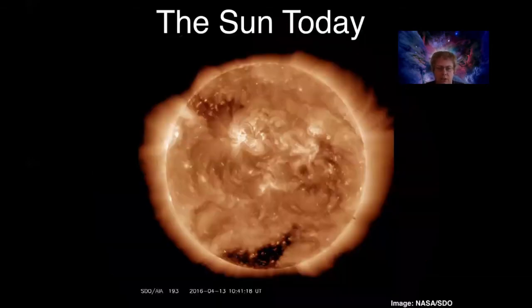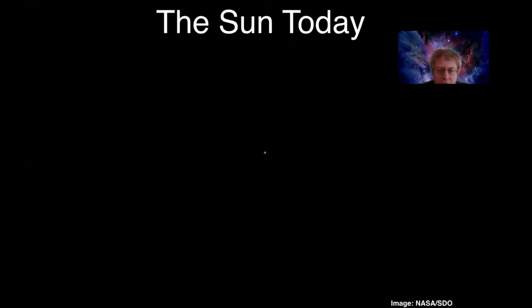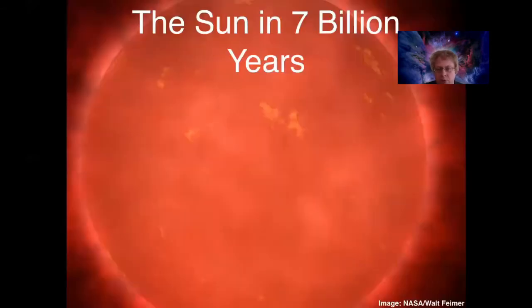So here's a way to kind of conceive of how massive these changes are in the sun's structure. Here's an image of the sun today. And what I'm going to do is zoom out. So now this image is to scale the sun. And you can see that little dot in the center of the image here. When the sun runs out of hydrogen fuel and eventually goes through this evolutionary process after it's run out, it will puff up to about 200 times its normal size.